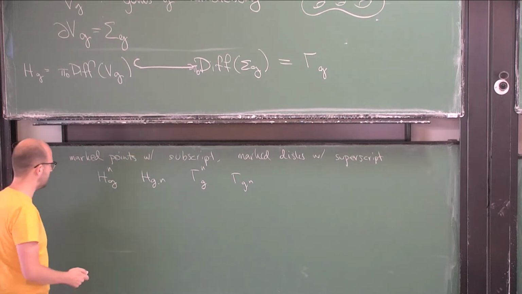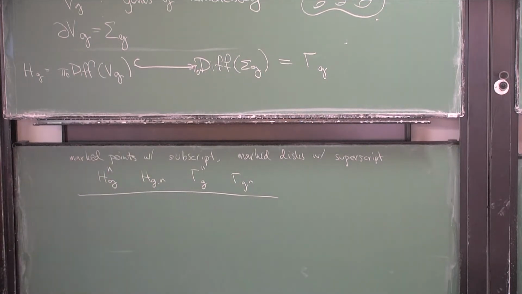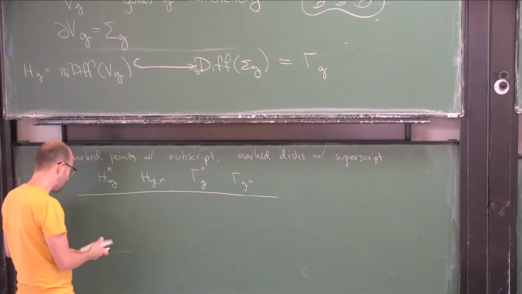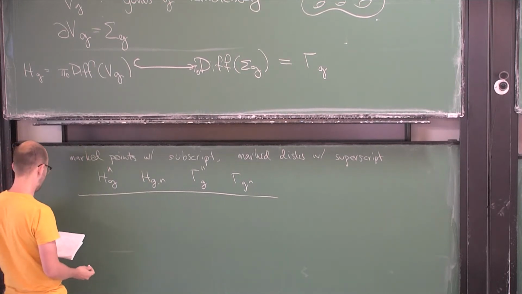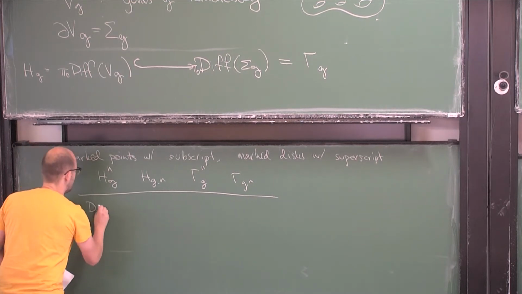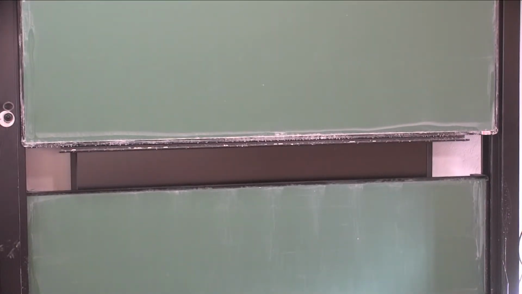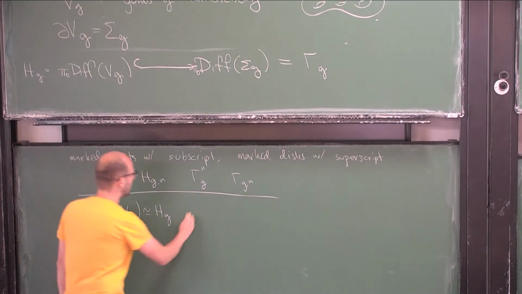And I want to make a table to sort of bring out some of the similarities, focusing on the properties. But maybe the first thing I want to say is that the classifying space of Diff is actually also a K(H_g,1), meaning that all of the connected components of this topological group are contractible.